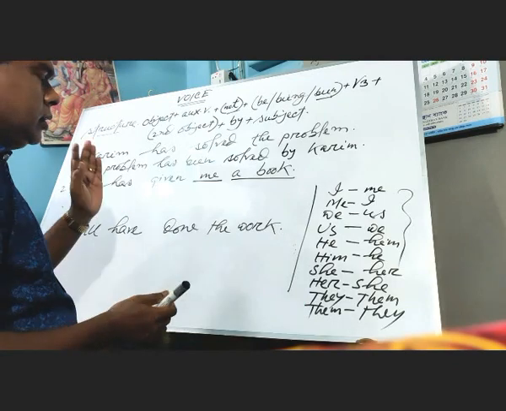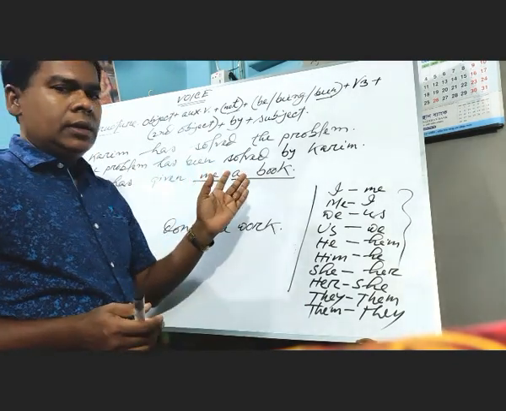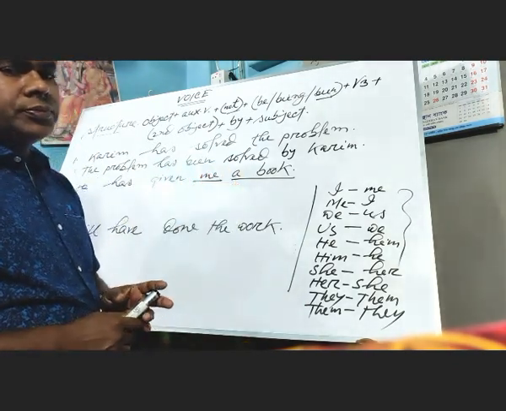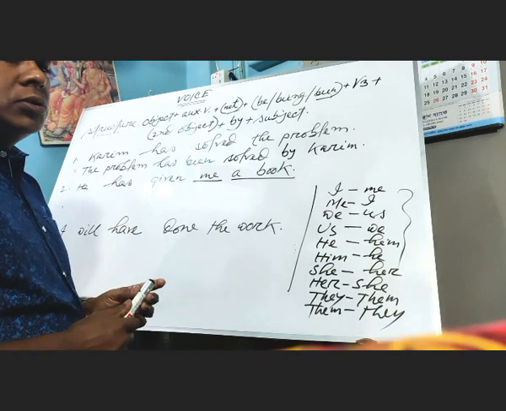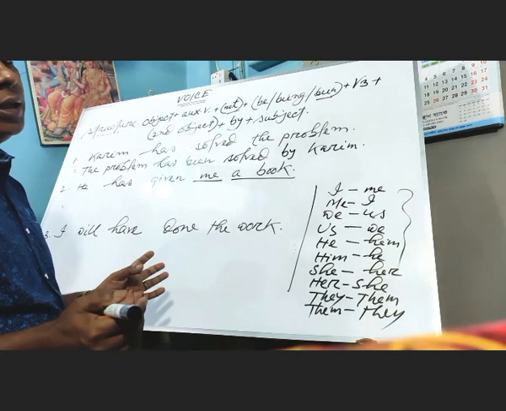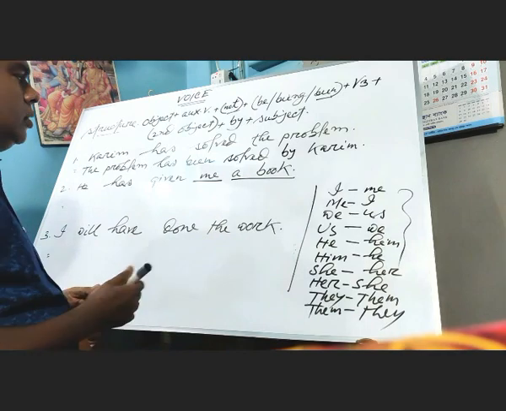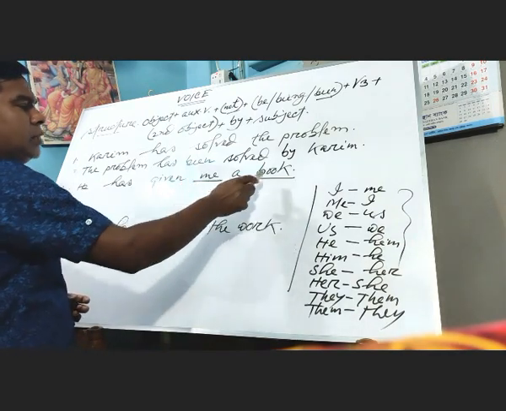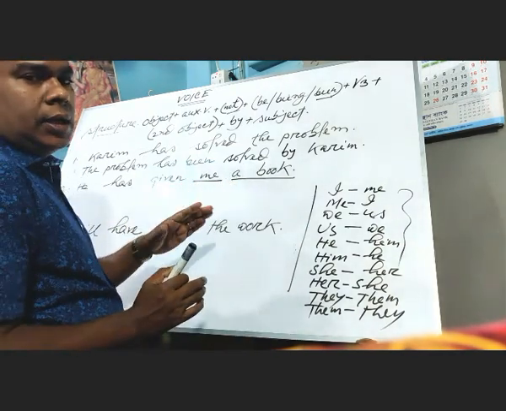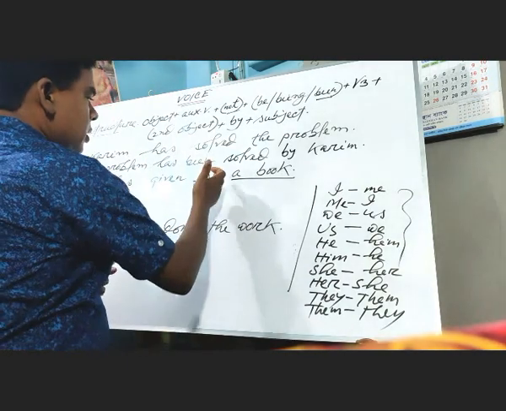If you find a noun or pronoun, or two nouns or two pronouns, then you will think that there are, of course, two objects. Look here, this is the pronoun and this is noun. And that's why here we are finding two objects.